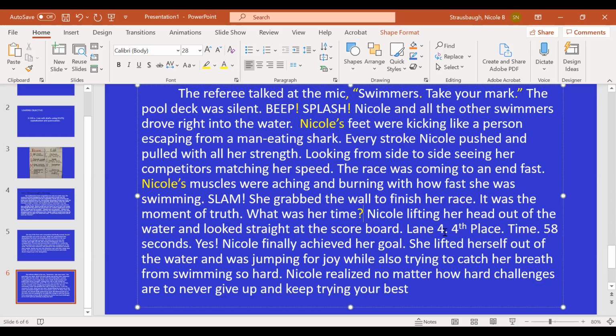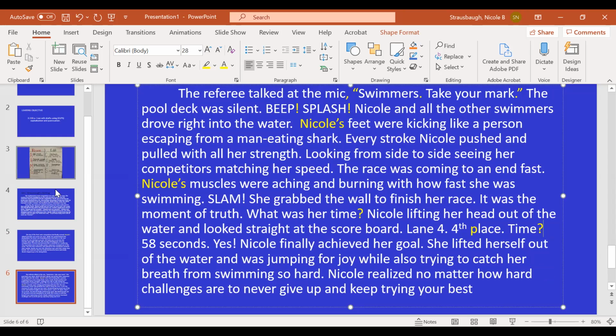Lane 4. 4th place. Oh, we don't need to say place like that. It needs to be a little p. 4th place. Time. Time. We would probably want that to be a question mark. So time, what is the time? We don't know. 58 seconds.